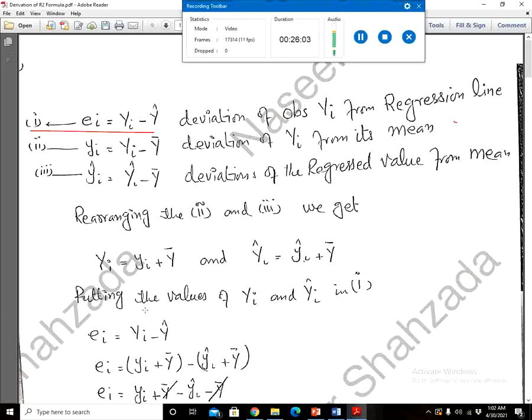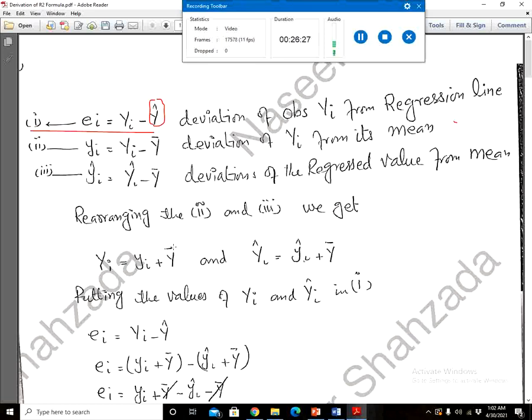So e_i is the error between the actual and the estimated. e_i shows the deviation of observation Y_i from the regression line. This is the regression line that we have estimated, and this is the actual regression line.